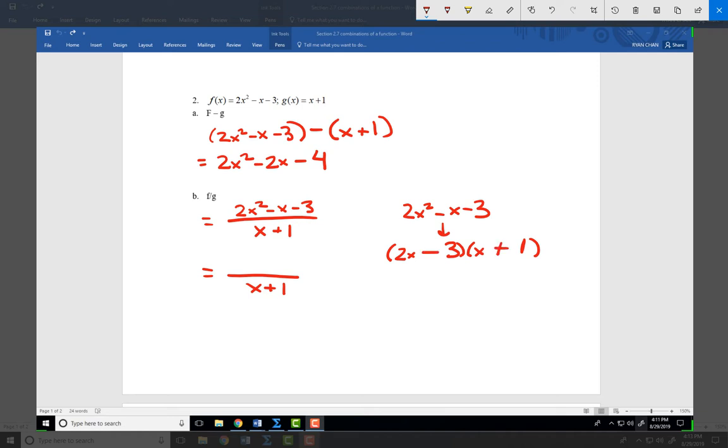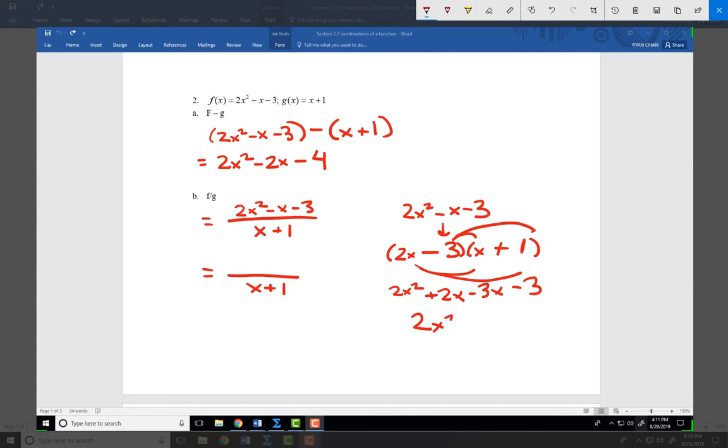Now, just a quick reminder. If you forgot how to factor, remember this. If you're not sure, you can multiply it out, and you should get your result right here. For example, if I do 2x times x, I get 2x squared, okay? If I have 2x times 1, I get 2x. If I have negative 3 times x, I get negative 3x. And negative 3 times 1, I get negative 3.